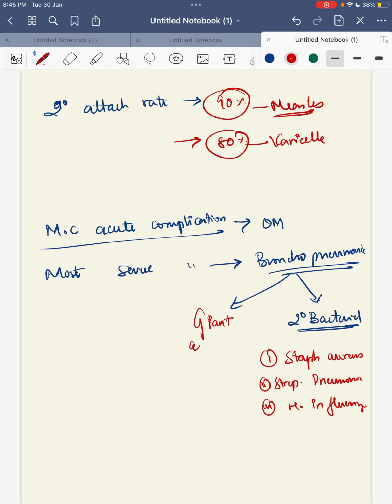That type of pneumonia is called giant cell pneumonia. Here the agent is measles itself. Okay, so this is about the complications.